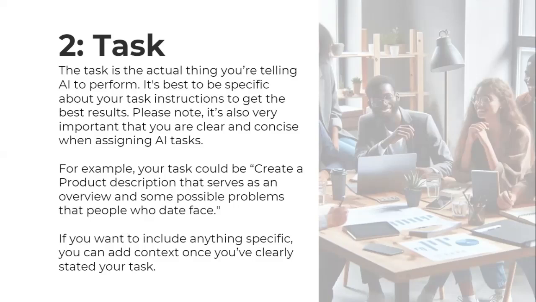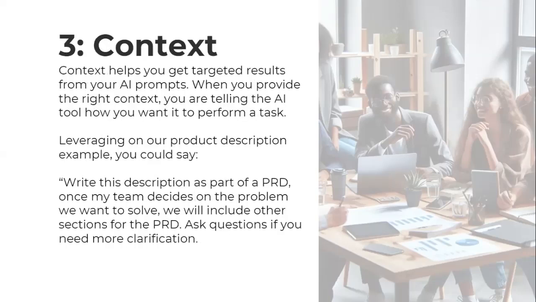So when you've created a task, you can now add context. That brings us to the third area, which is context. Context helps you get targeted results from your AI prompts.